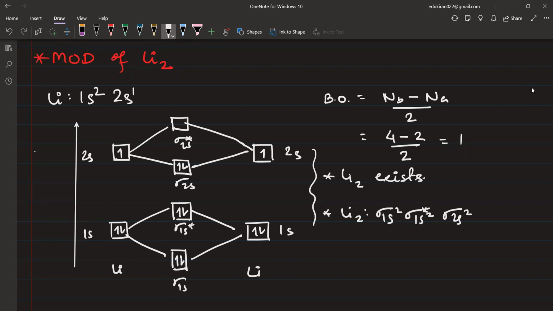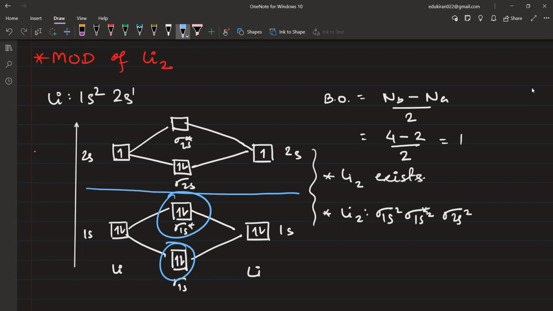Okay. Now, one thing also I want to make very clear. देखिए, if you look at this part, can you see that the 1s orbital's bonding is getting cancelled by anti-bonding? Can all of you see that? Yes or no? The number of electrons in the bonding is equal to the number of electrons in anti-bonding. That means both of these are cancelling each other.